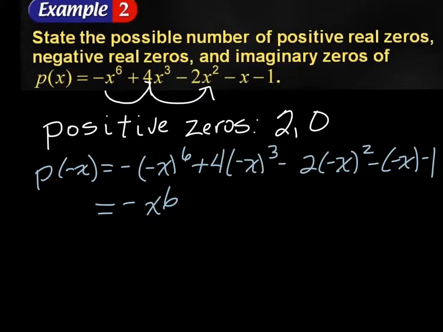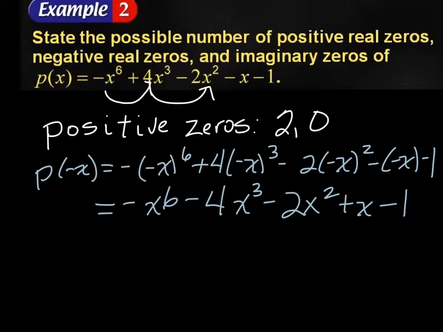So this is going to change to minus 4x cubed. An even power stays the same sign because negative times negative is positive, and odd changes. And the constant really doesn't change.